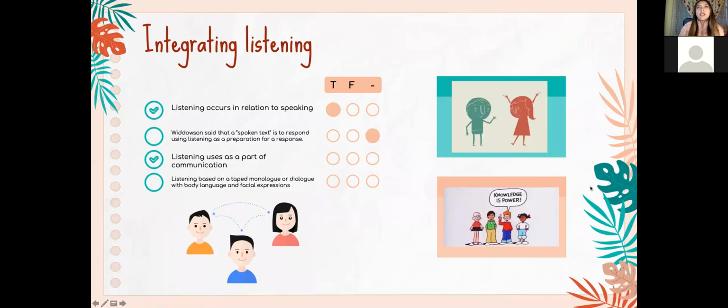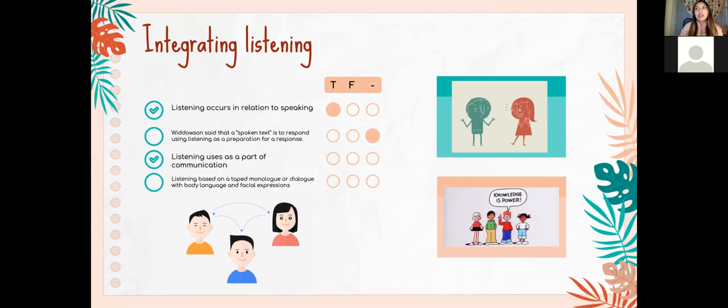Well, finally, integrating listening: listening occurs in relation to speaking. This is true. It doesn't say that a spoken text requires a response, using listening as a preparation for a response. Listening is used as a part of communication. So we don't have to forget the role of listening in the communicative process.